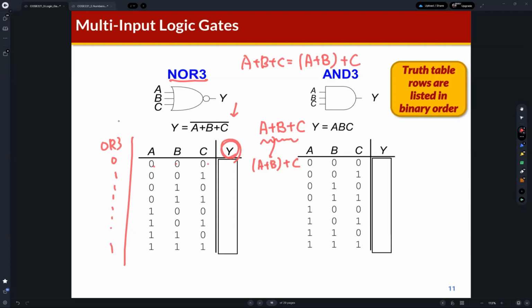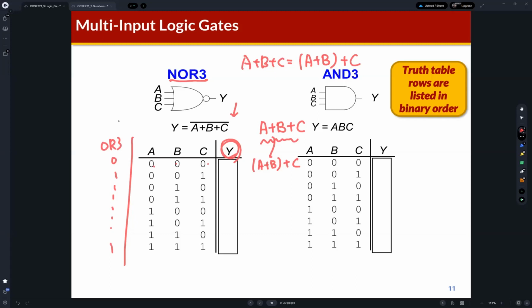And then if the number of inputs is larger than 2, then this definition can also be applied. So for the 3-input OR, if one of the inputs is 1, then the output becomes 1.